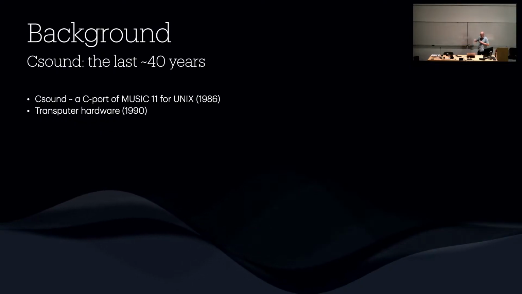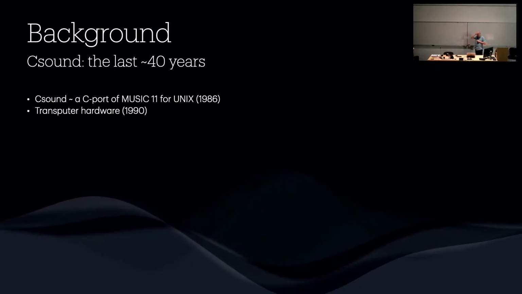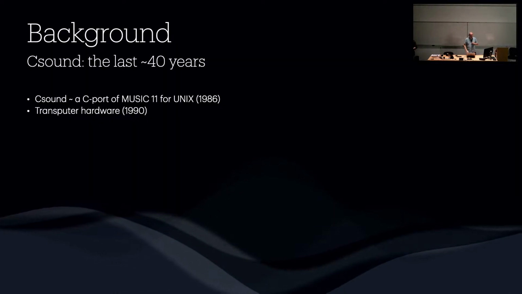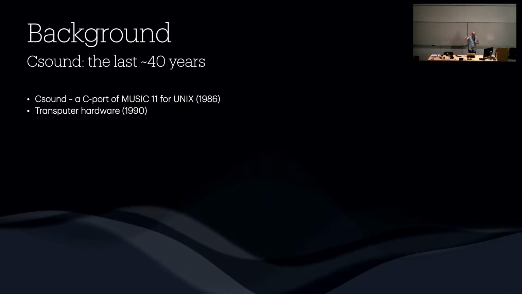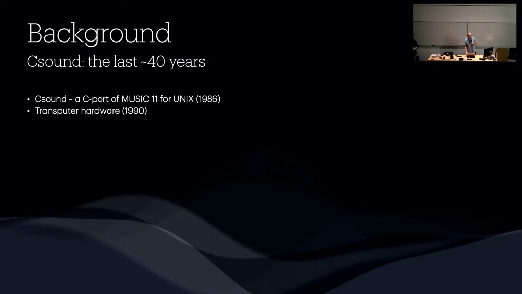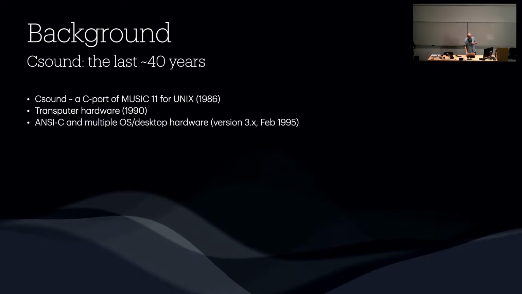You have transmitter hardware working, Csound working on transmitter hardware. It was ported very quickly also to the Atari computer under the CDP project, and also to the Mac. So really interesting things.